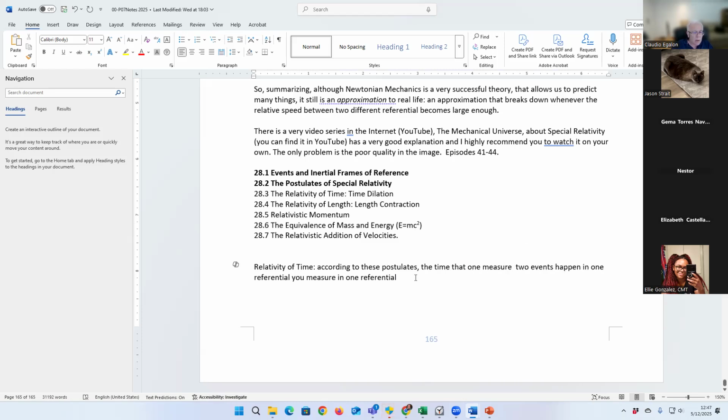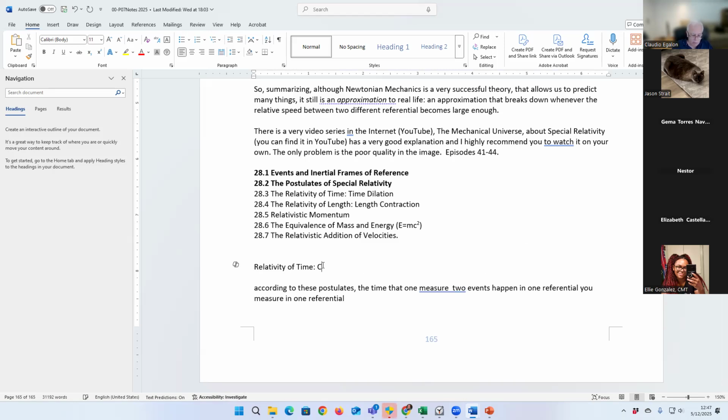Let me see. Relativity of time. I'm going to write that. Here you go. Consider two events, one after another, separated by an interval delta t.